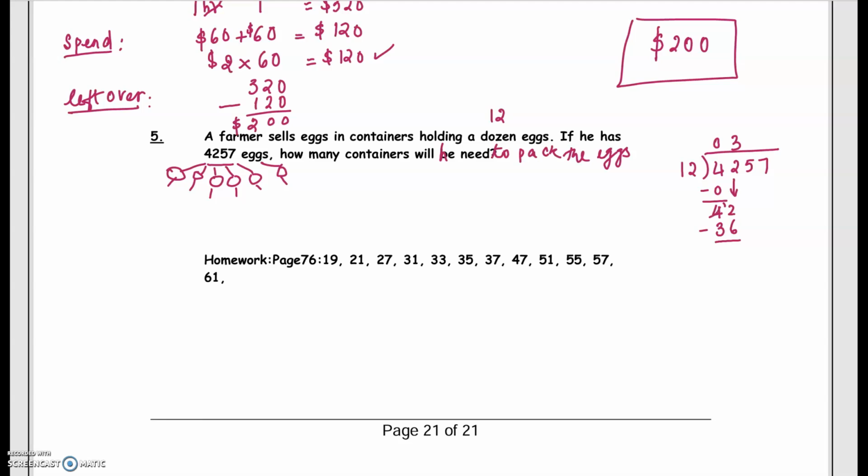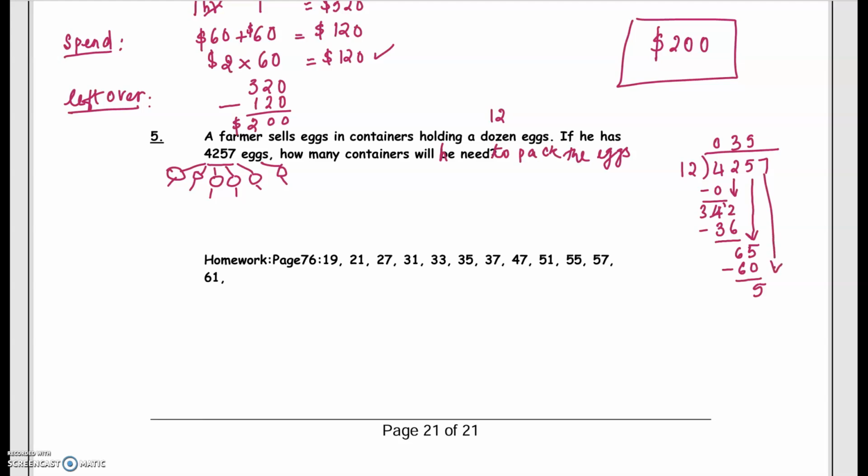Now we subtract to get a 6. Bring the 5 down. 12 times 5 is 60. 12 sixes are 72, which is too much. 12 fours are 48, which is too little. So 12 fives are 60, the maximum number of times that 12 goes into 65.